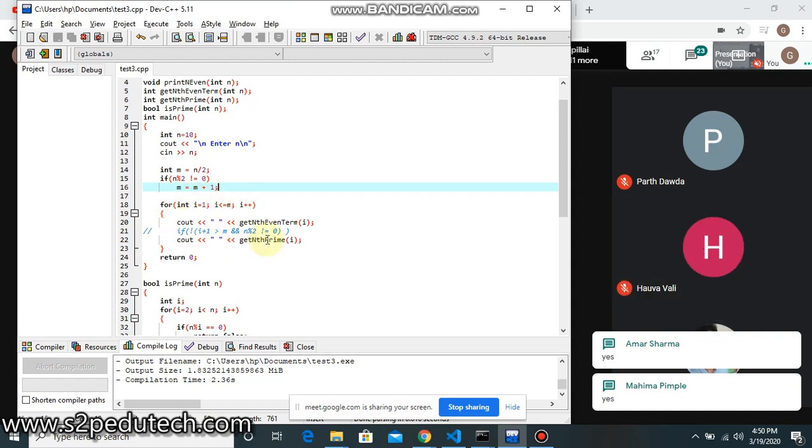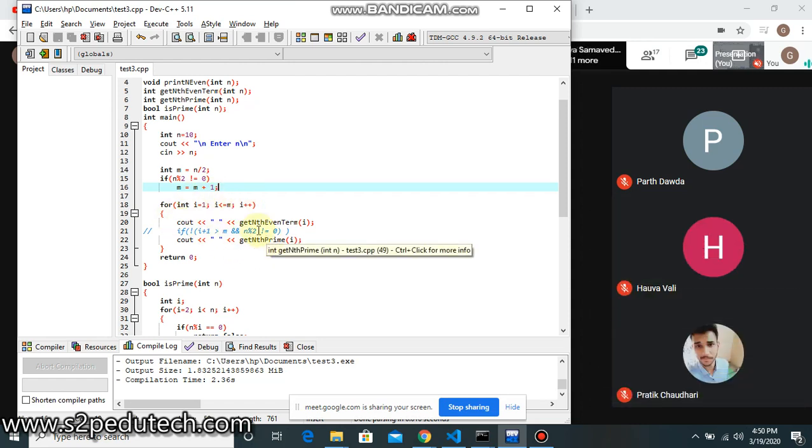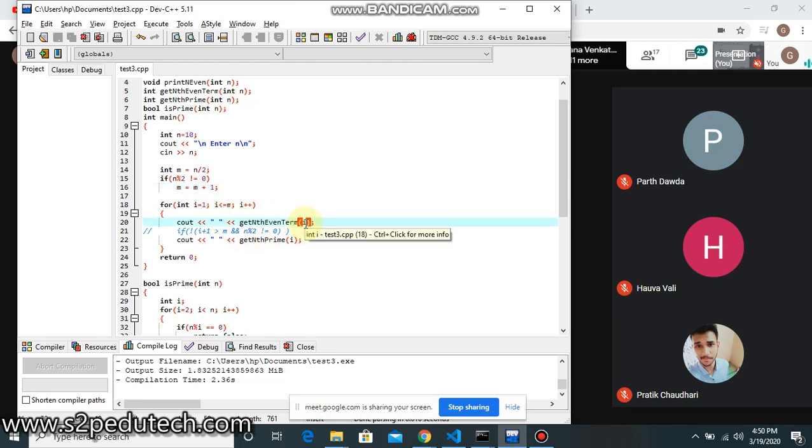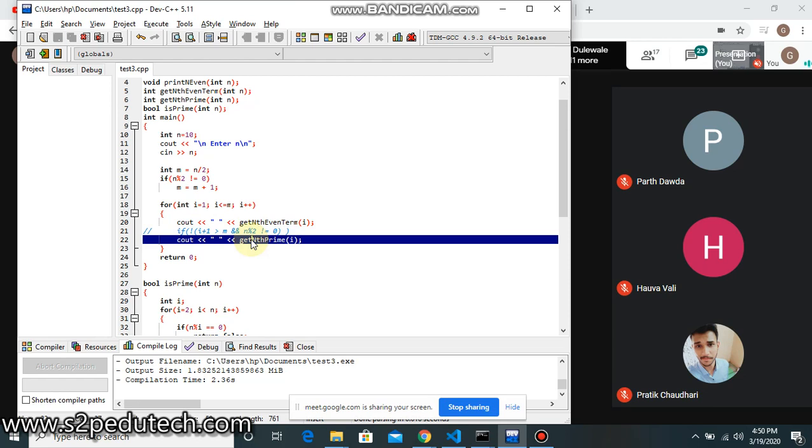Okay, so the next thing is that if my n is 10, that is, if my n is even, this loop would run 5 times and it would print till the 5th even term and till the 5th prime term, right? So when n is 10 or whenever n is even, this is fine, no issues at all.